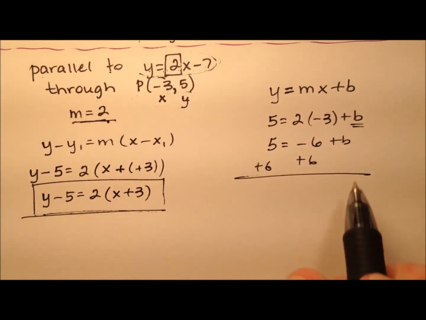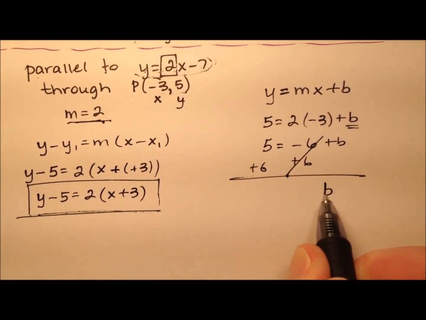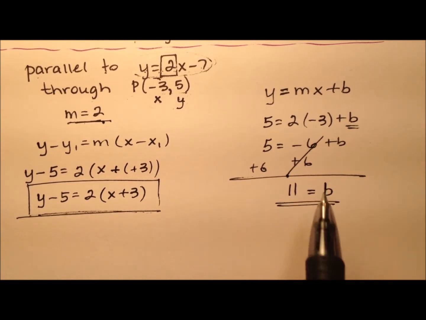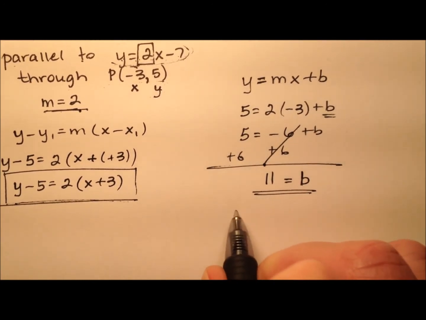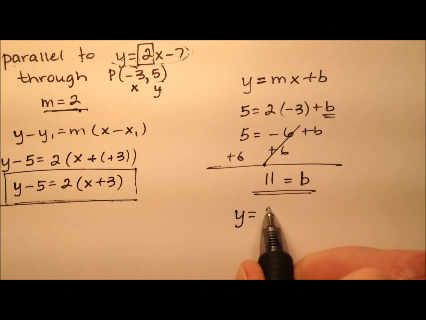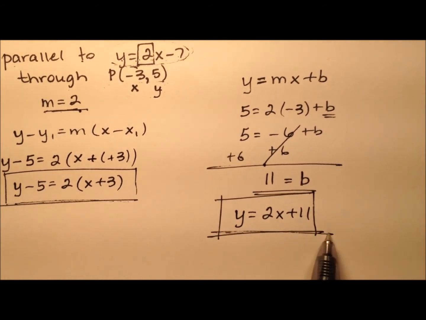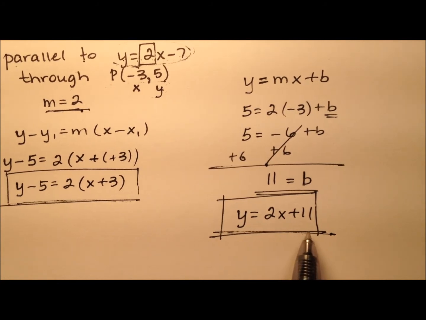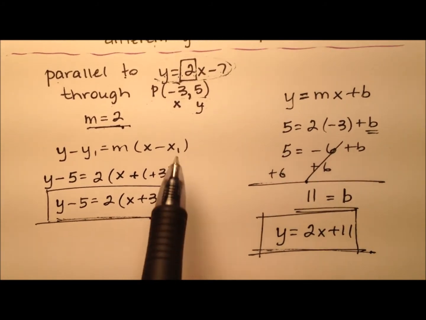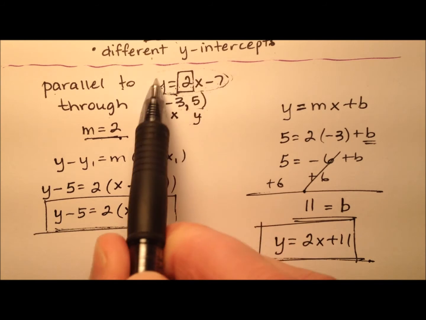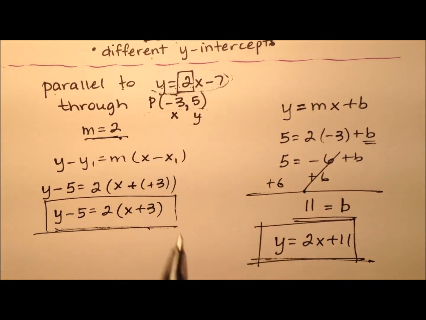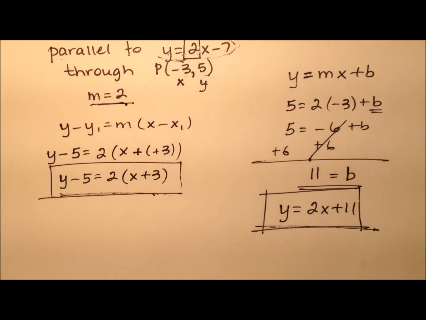When I add 6 to both sides, my value of b is 11. So finishing this up, y equals 2x plus 11. This is the equation in slope-intercept form of the line that's parallel to the original line, but passing through the point P, negative 3, 5.